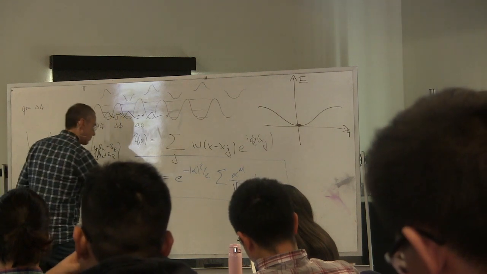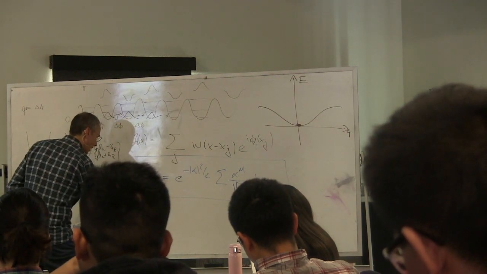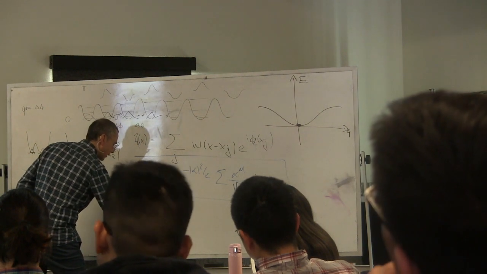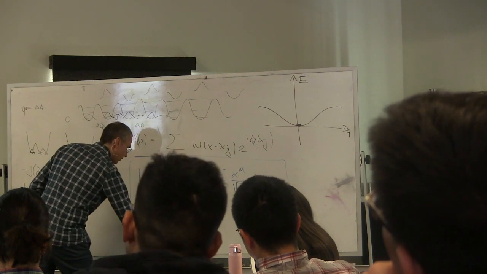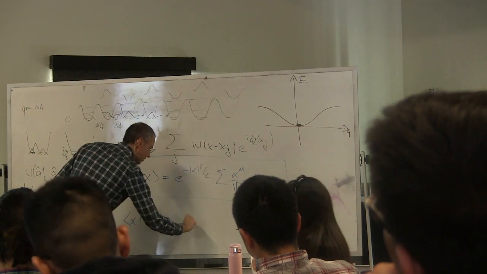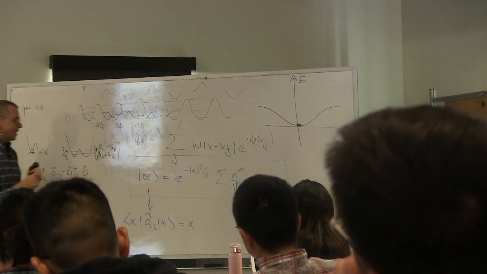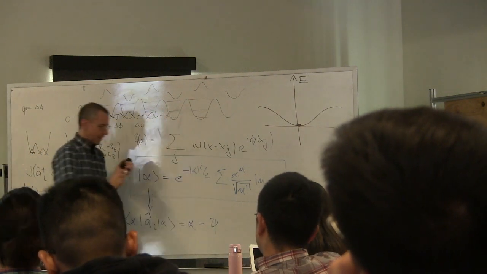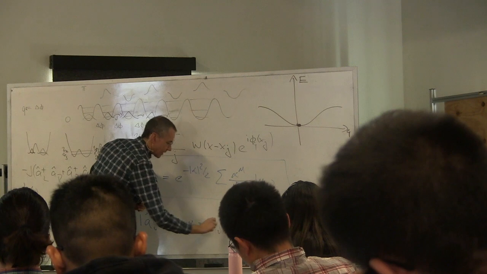So if we calculate, for example, the expectation value of the field operator on lattice site i, this will just give us alpha. This is basically our classical field psi that I can think of having on this lattice site i.